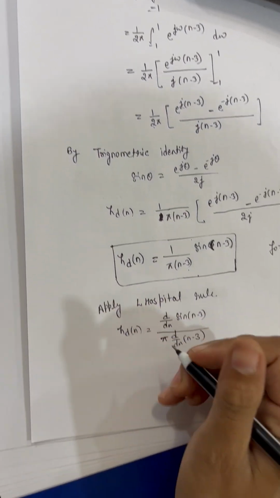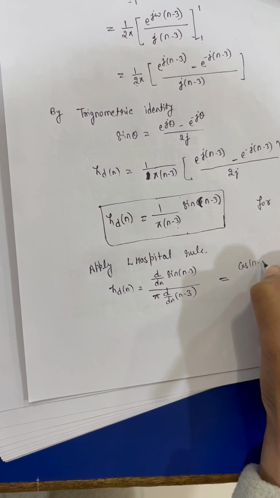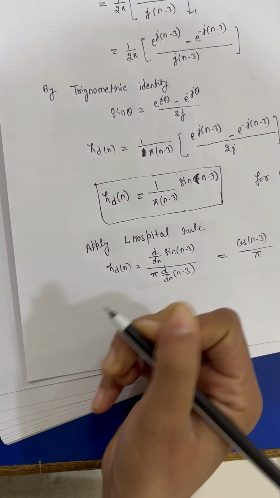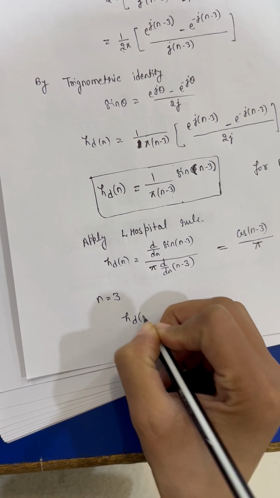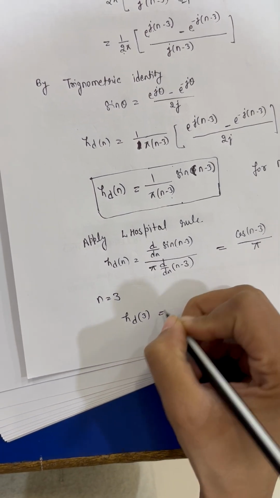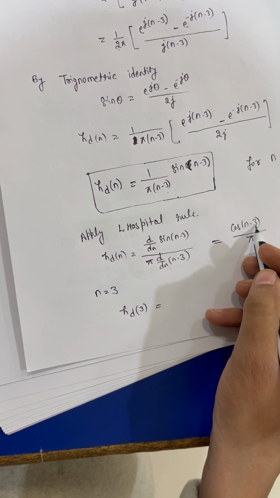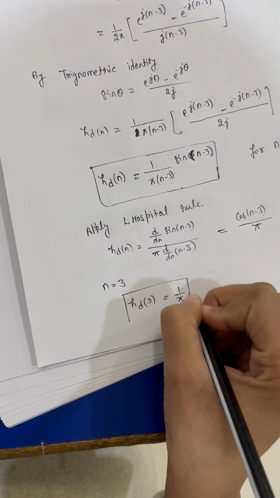What will we get? We'll get cos (n minus 3), only pi remains. If we put n equal to 3, what will we get? The value of h_d(3), that is n minus 3, 3 minus 3 is 0, cos 0 equal to 1, we'll get the solution 1 upon pi.